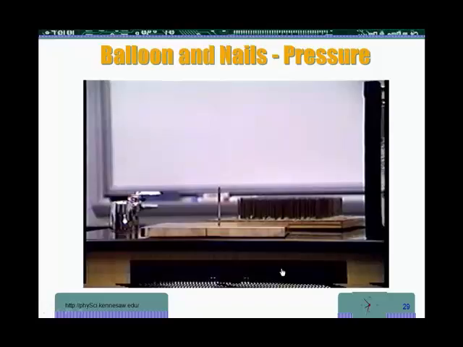Each one of them is going to contribute a portion of what's needed for the normal force. So each one is going to apply a little normal force, and that little normal force is not going to be large enough to break the plastic.